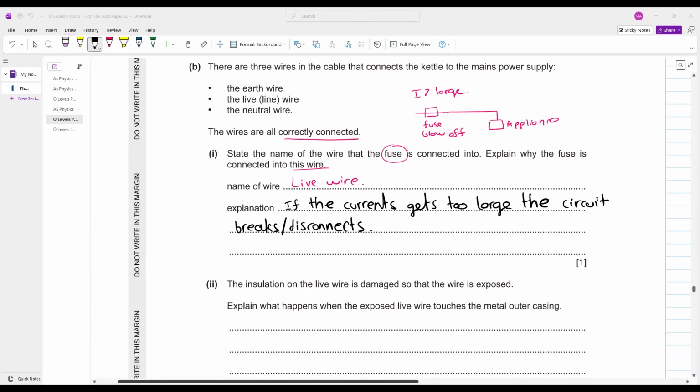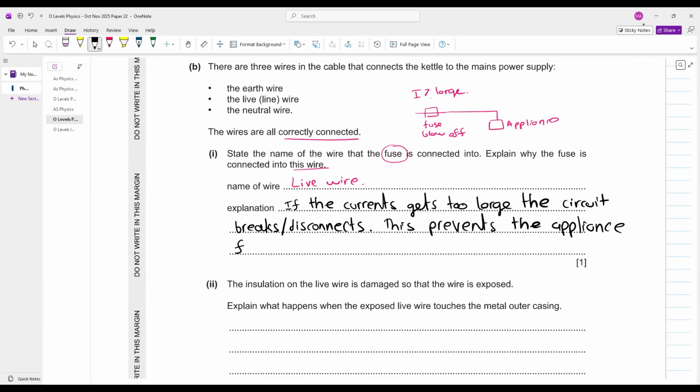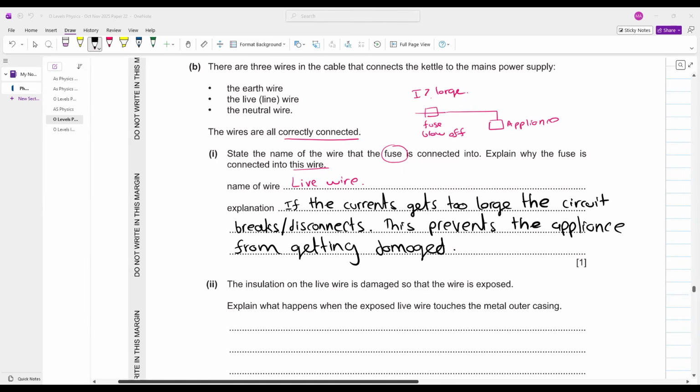This prevents the appliance from getting damaged. बेटा अगर आपका फ्यूज जो है वो लाइव वायर में लगा होगा, द करंट अगर लार्ज होता है द सर्किट विल इमीडिएटली डिस्कनेक्ट या ब्रेक. दिस प्रिवेंट्स द अप्लायंस फ्रॉम गेटिंग डैमेज. सिंपल, नथिंग कॉम्प्लिकेटेड. ठीक है. अप्लायंस कह सकते हो, केटल कह सकते हो, यहाँ पे वॉट एवर यू वांट टू से.